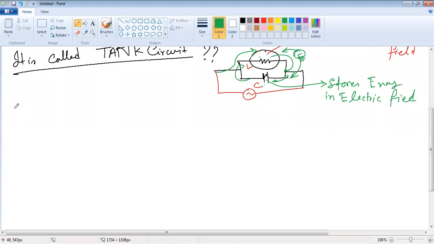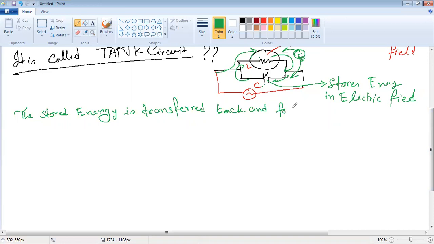The stored energy is transferred back and forth between the capacitor and coil and vice versa.